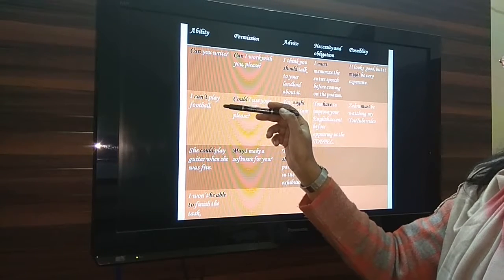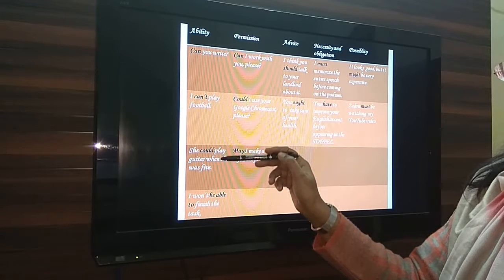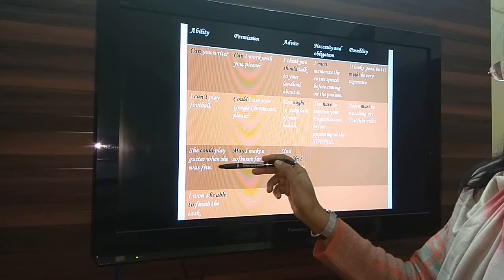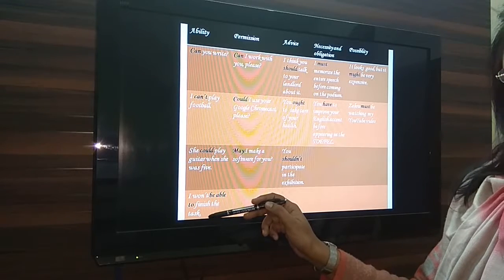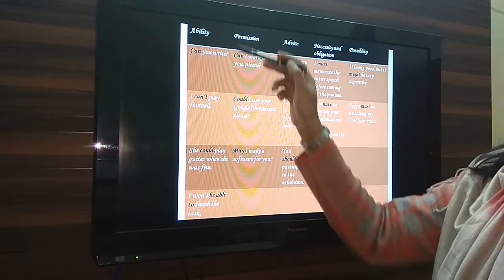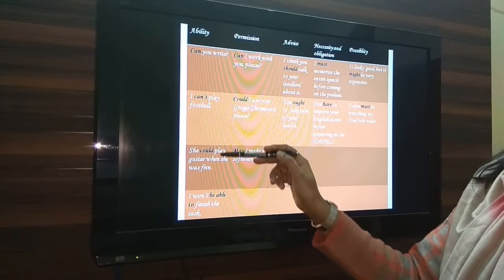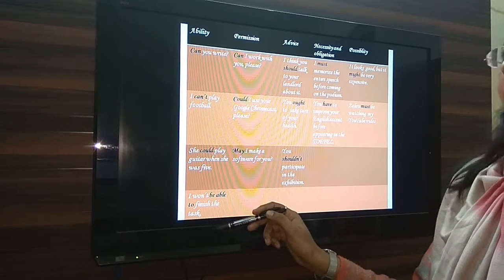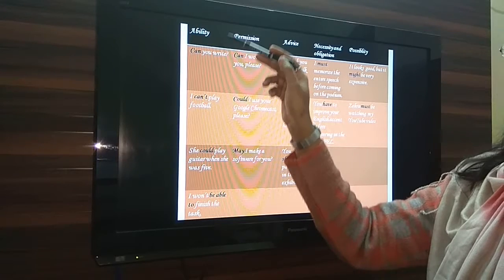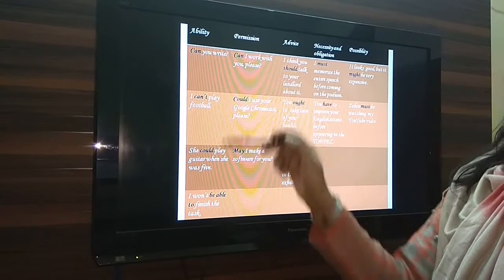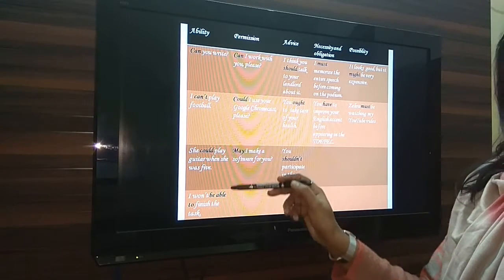So here, he's not able to play football. She could play guitar when she was 5. I won't be able to finish the task. So all these, can, can't, could, be able to, are expressing a very important intention of the speaker, that is ability. Fine. So all these are modal auxiliaries.